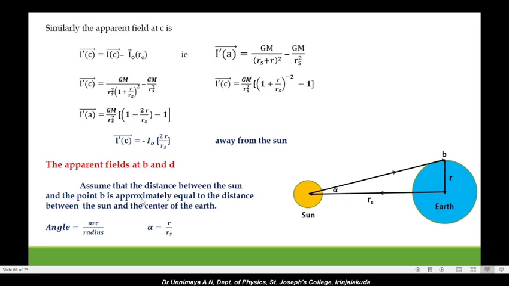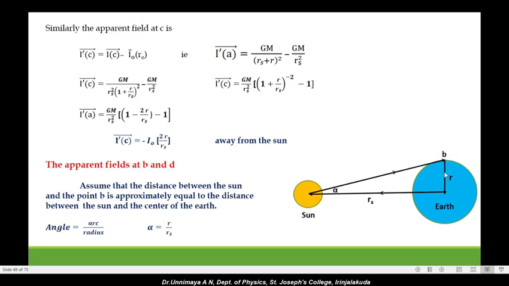In order to get the apparent field at the points B and D, assume that the distance between the sun and the point B is approximately equal to the distance between the sun and the center of earth. അതായത് സണ്ണിന്റെ സെന്ററിൽ നിന്നും എർത്തിന്റെ സെന്ററിലേക്കുള്ള ഡിസ്റ്റൻസ് നമ്മൾ എത്ര കൺസിഡർ ചെയ്തിരുന്നത്? RS ആണ് കൺസിഡർ ചെയ്തിരുന്നത്. നമ്മളിവിടെ അസ്യൂം ചെയ്യുന്നത് എന്താണ്?